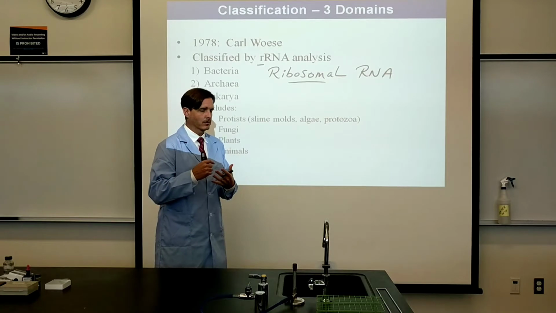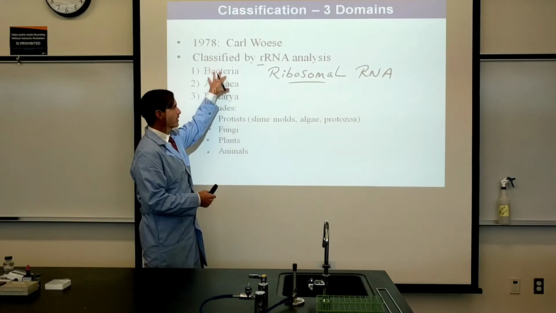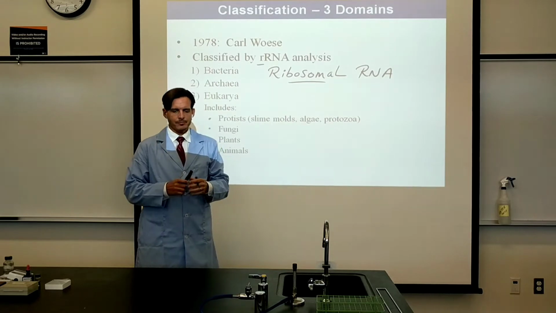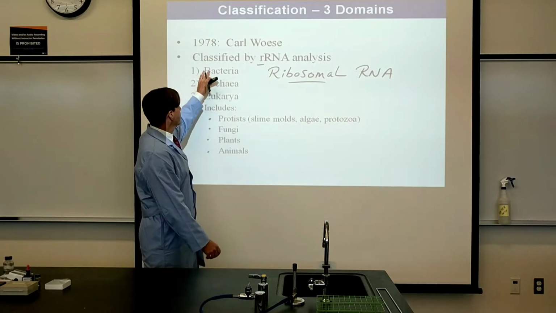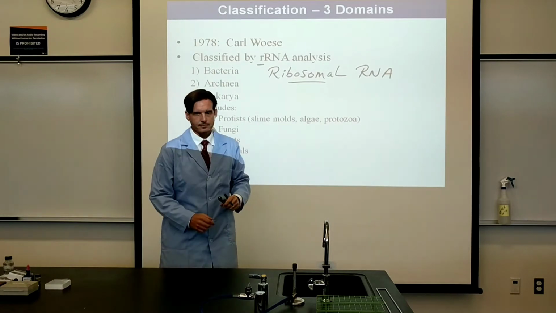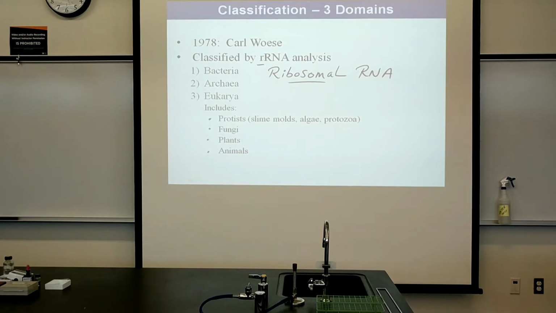So earlier in history, the archaea were grouped with the bacteria because they're so much like bacteria. They used to be called archaebacteria. So the bacteria and archaea were the fifth kingdom. And the fifth kingdom was referred to as Monera.